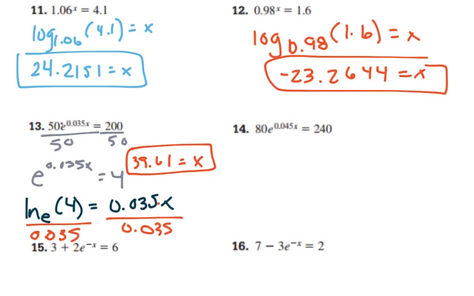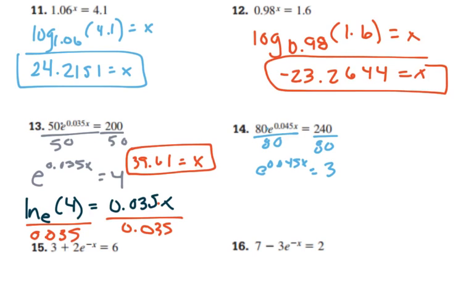Alright, same process for the next one. We're going to divide by that 80 that's out front, because of order of operations. We'd have multiplied after we do the exponent. So to solve, we've got to do it backwards first. So 3 is 240 divided by 80, and then we are left with our e to the 0.045x.